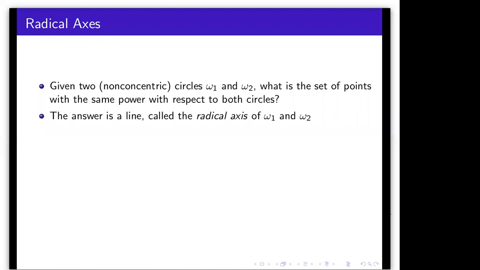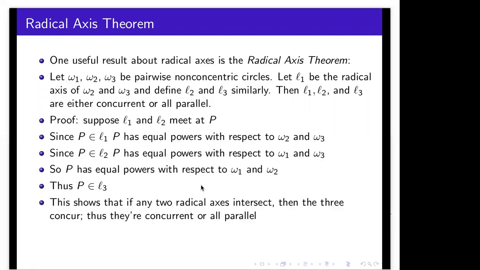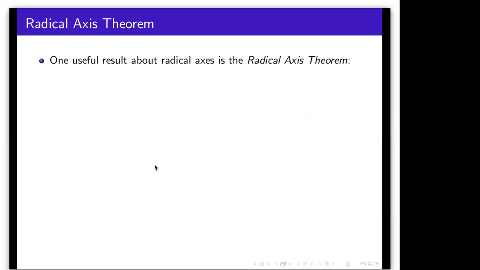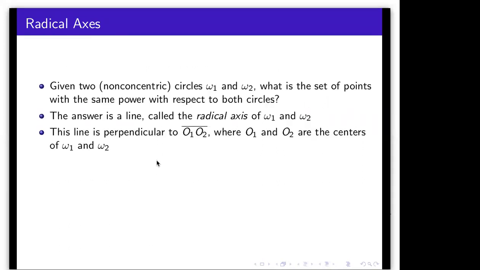The radical axis also happens to be perpendicular to the line joining the centers of the two circles. This line is perpendicular to O1O2, if we set O1 and O2 to be the centers of the two circles.